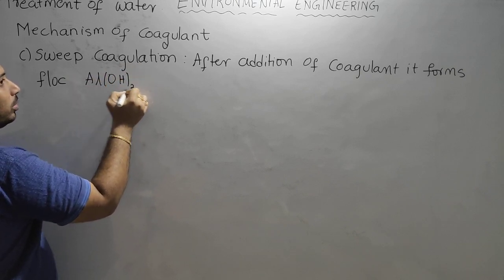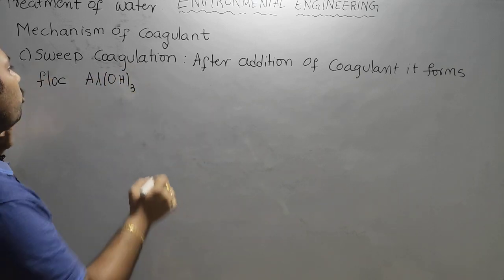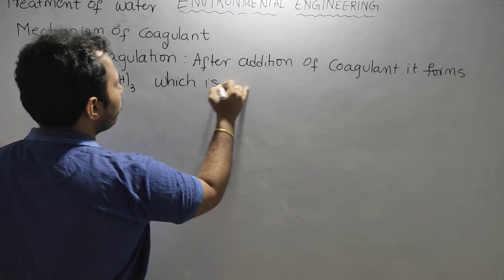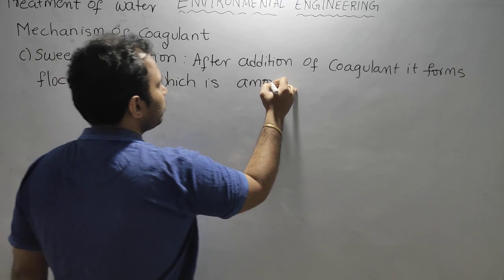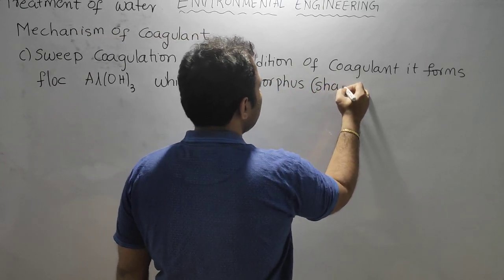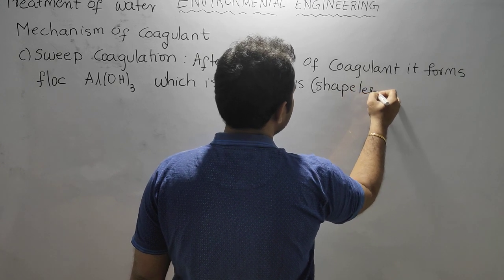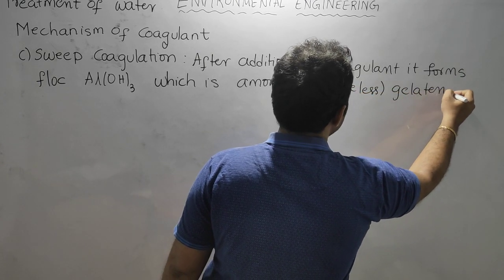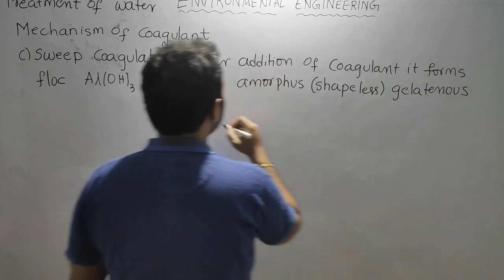So it forms a flock which is amorphous, shapeless, a gelatinous precipitate.